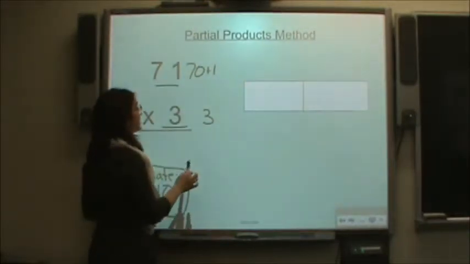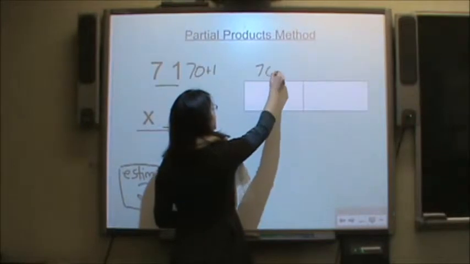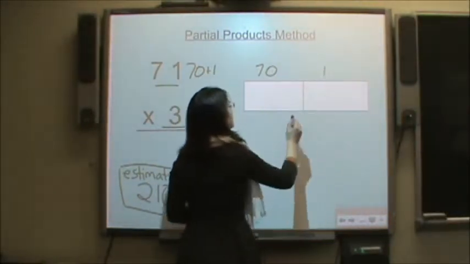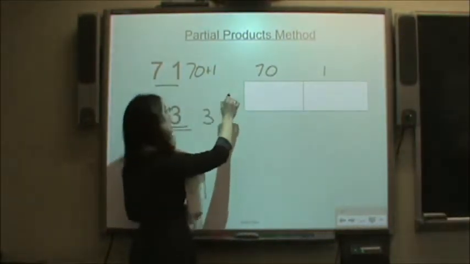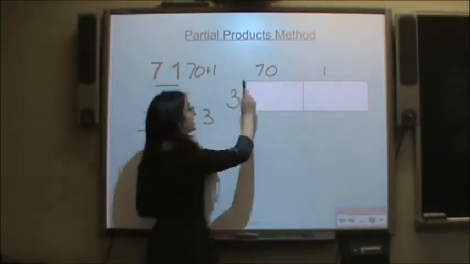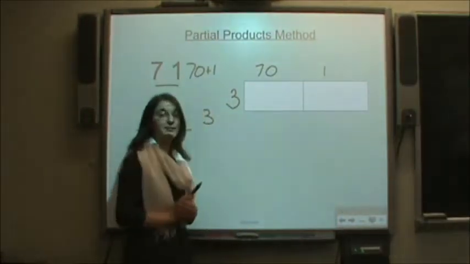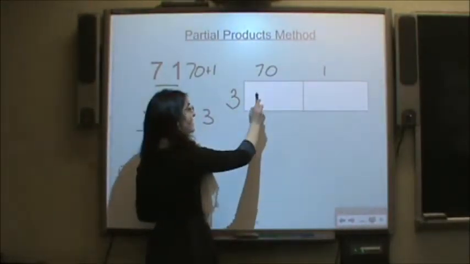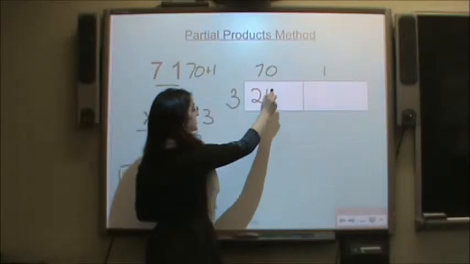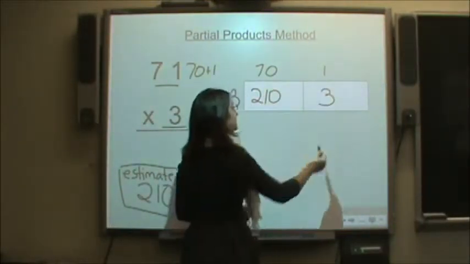If I put it into a table to keep organized, I'm going to put our 70 here and the 1 here to represent 71, and then I'm going to put my 3 right here. Now I just have to multiply each box, the two numbers that align with it. So 3 times 70 is 210, and 3 times 1 is 3.